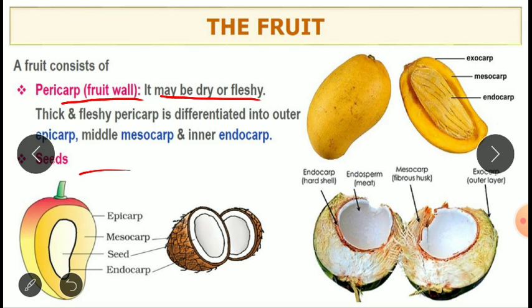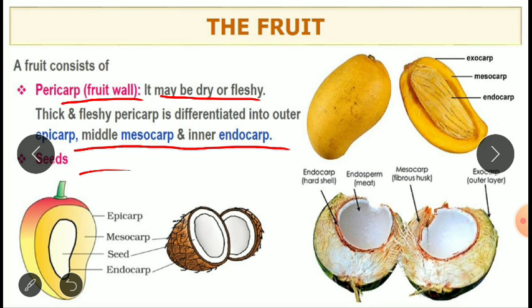This fleshy or dry wall, the pericarp, can be divided into 3 parts: epicarp, mesocarp and endocarp. Epicarp is the outermost part, mesocarp is the middle part and endocarp is the inner part.